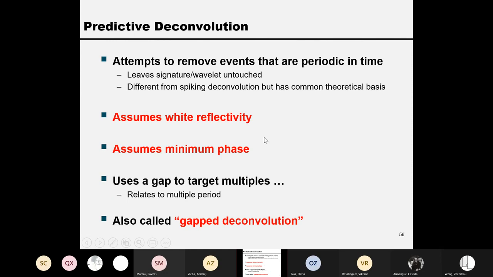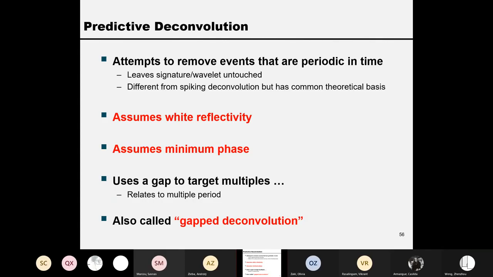So that means your seismic trace must have a certain duration, a certain length. Otherwise, this method doesn't work. Okay. Two, assume minimum phase, that's no problem. In the marine environment, subsurface reflectivity is less than 1, so that's minimum phase.